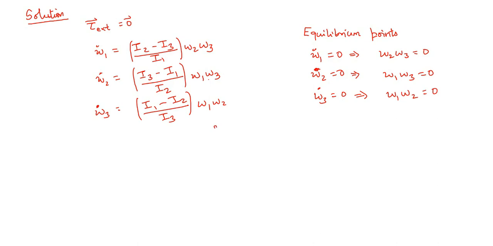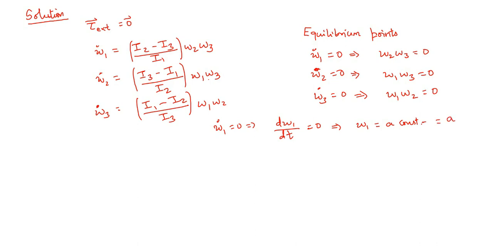Omega 1 dot equal to 0 implies d omega 1 by dt equals 0. When we solve, this is equal to a constant in time, that is, the angular velocity omega 1 is a constant of motion, independent of time. Let us say this constant is a.